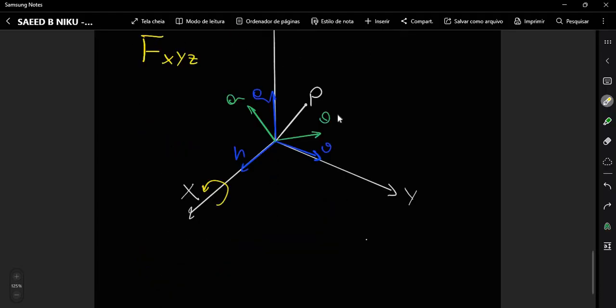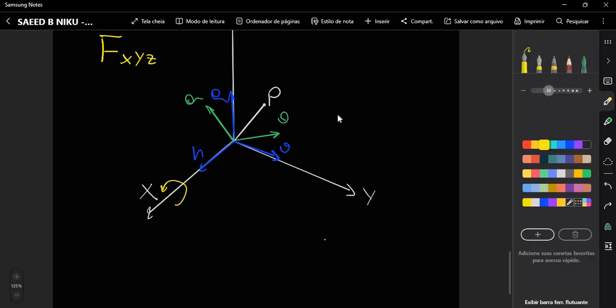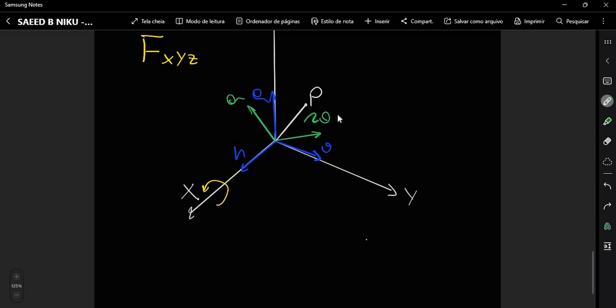So after the rotation, I'm gonna keep with the color green. Okay, so we have to decompose cosine and sine components. And right here, we will have some angle theta.